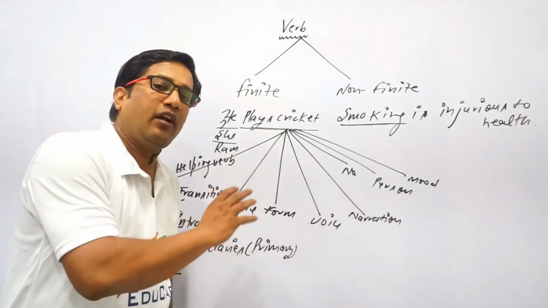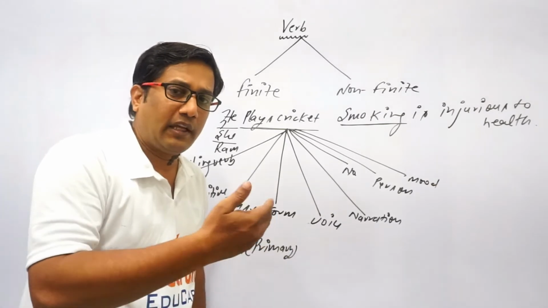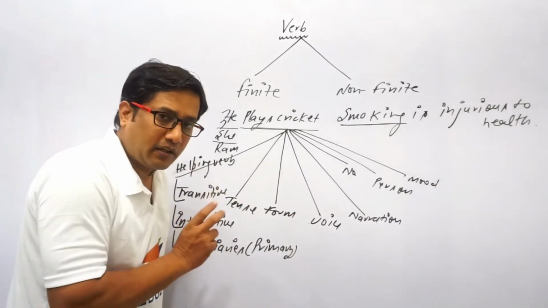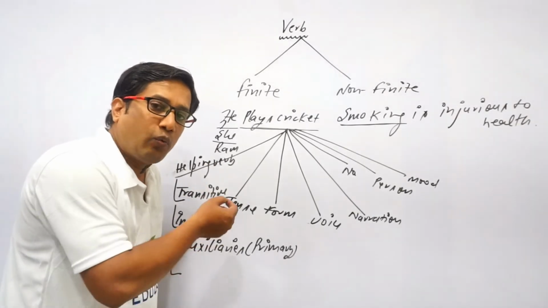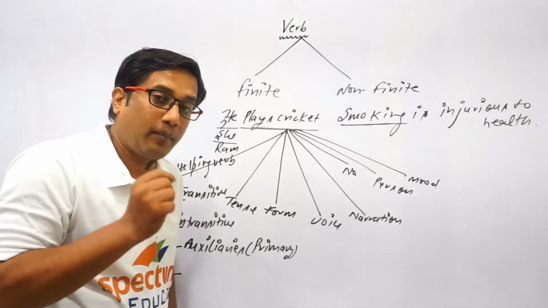These are primary auxiliaries. So we'll prepare it and we'll learn it in the next video. But here there is an introduction of the topic, exactly what the things are and how many things there are that you have to prepare.